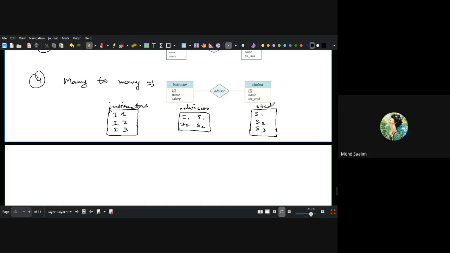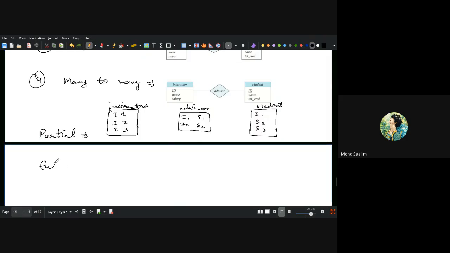So you see, there is no hard-coded rule that all instructors are required to participate in this relationship, or that all students must participate in this relationship. Nobody is saying that, right? There is no hard-coded rule that all students should be present in the advisor relationship, or all instructors should participate in this advisor relationship. So the scenario that I gave you here is called partial participation. What do we call that? Partial participation. Okay.